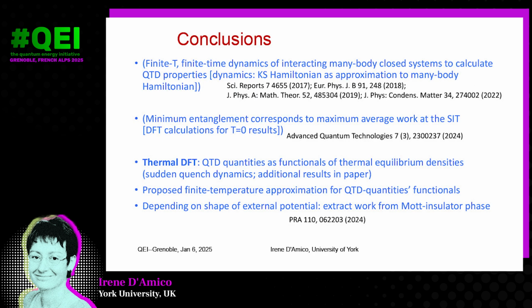These are the other works in which I use density functional theory for finite time dynamics for the aims of quantum thermodynamics. Here we put in correspondence the entanglement and average work in the case of the superconductor-insulator transition. And this is the work that I have presented today. And that's it. So thank you very much for your attention.